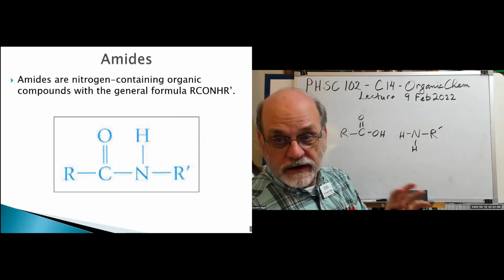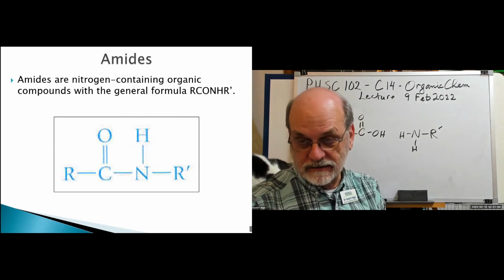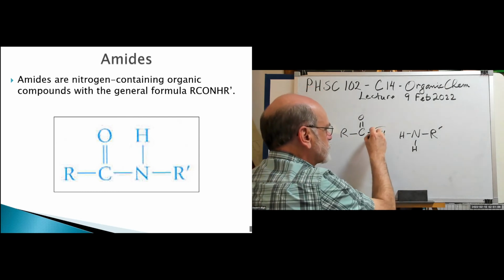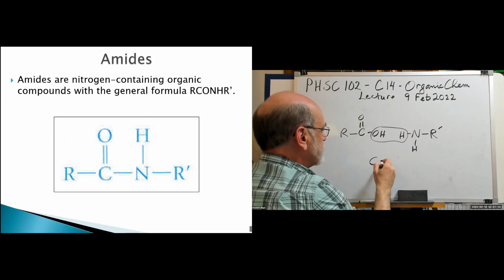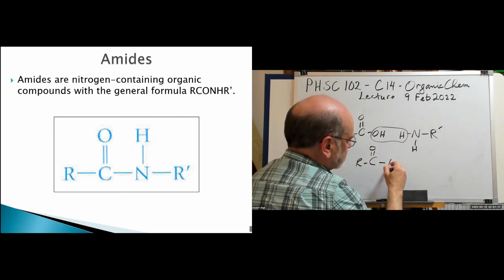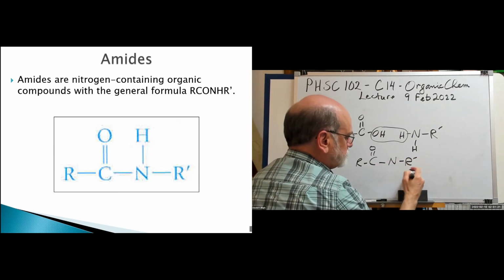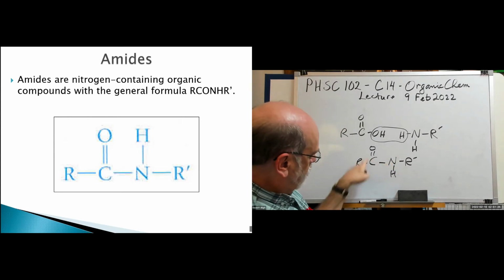All right, all you need to do is condense, remove a water, right? Condensation synthesis. Here's your water right here. Now, what you have is a direct link between the carbon and the nitrogen. 3 bonds, 4 bonds.